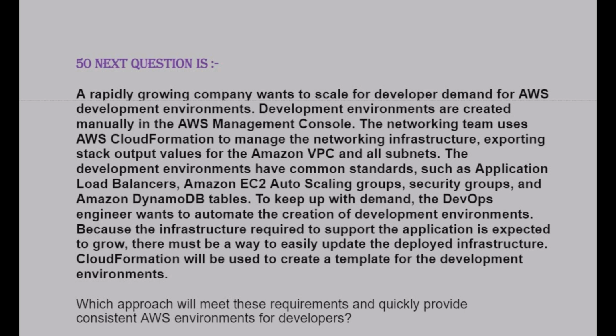The development environments have common standards such as Application Load Balancers, Amazon EC2 Auto Scaling groups, security groups, and Amazon DynamoDB tables. To keep up with the demand, the DevOps engineer wants to automate the creation of development environments.